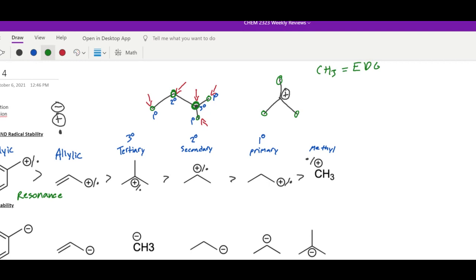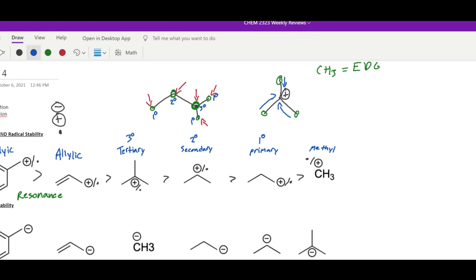So they are donating their electrons to this carbon, which is lacking electrons. Remember, a positive charge means it's lacking electrons, and negative charge means it has too many electrons.